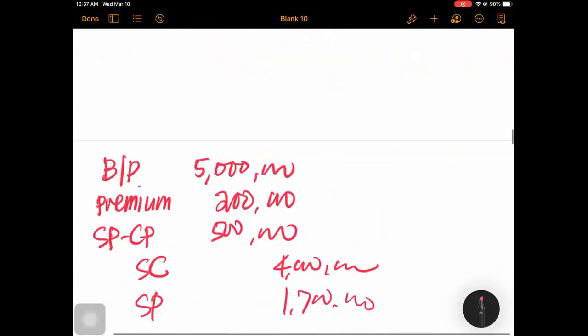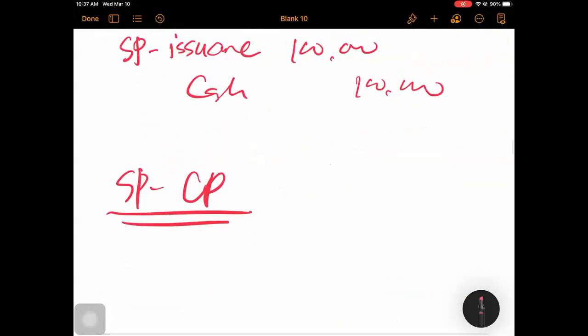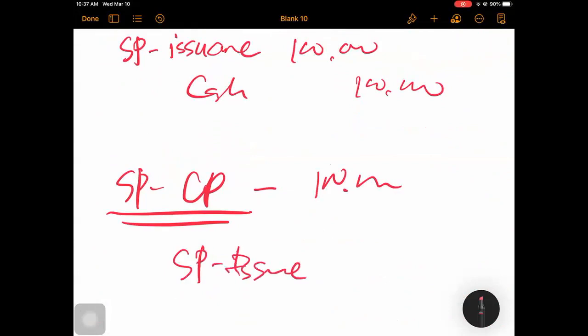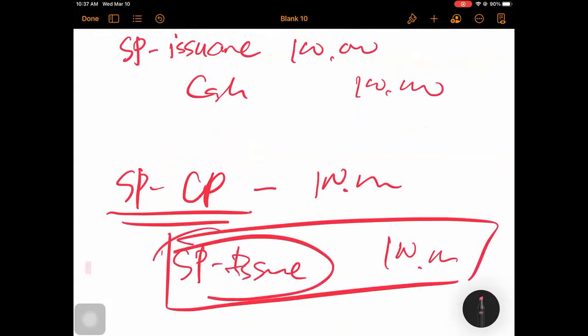So nagbayad ta sa liability because wala man gi-convert ni holder. So atong entry, i-close na to sa share premium. So ibalik sa share premium issuance. So still part of the share premium. Lahi lang ang specific account na gigamit.